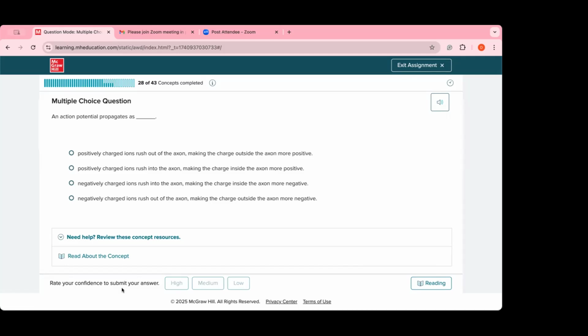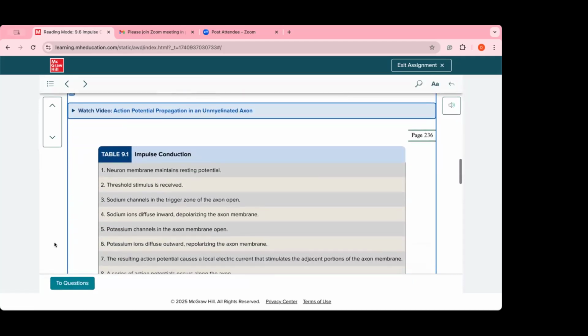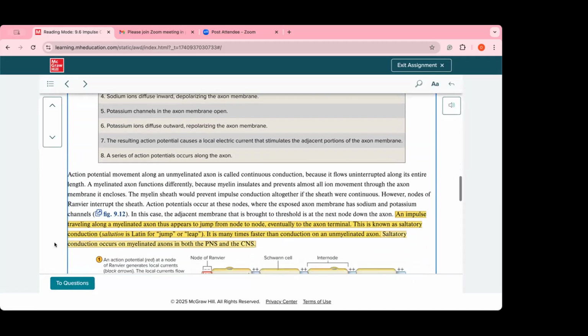I'm not sure. Let's look it up. An action potential propagates as.